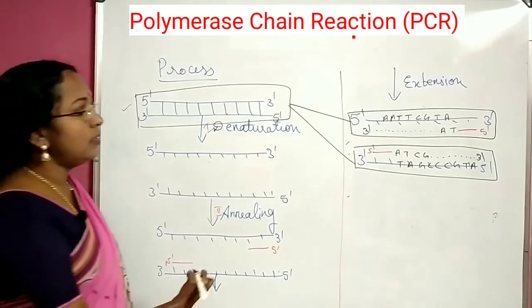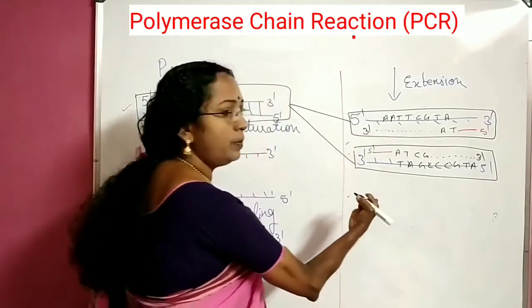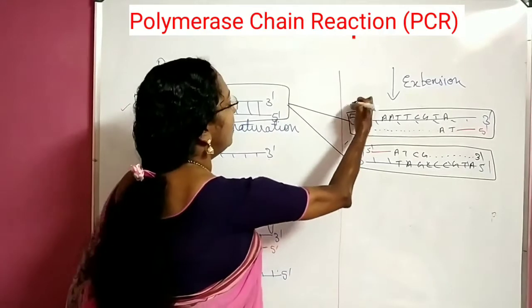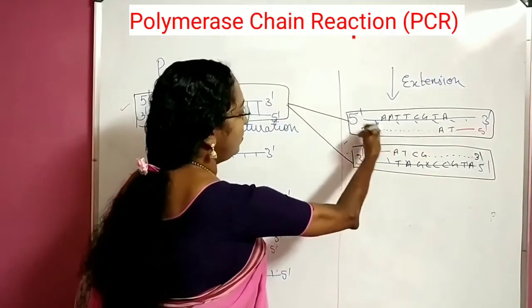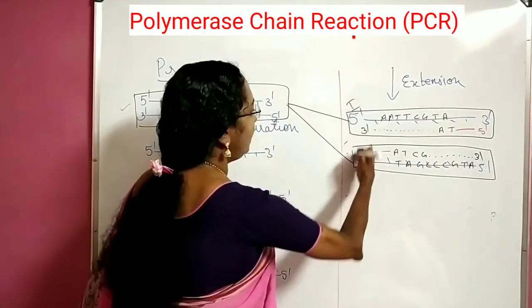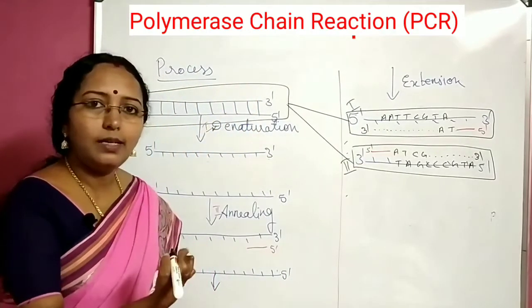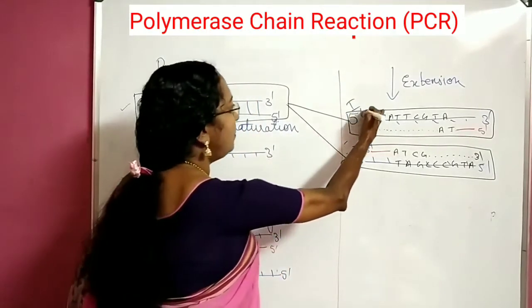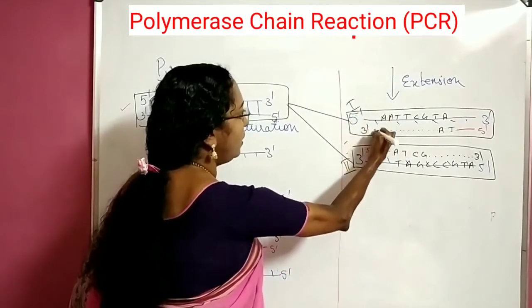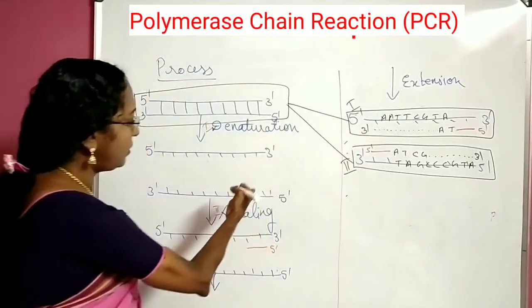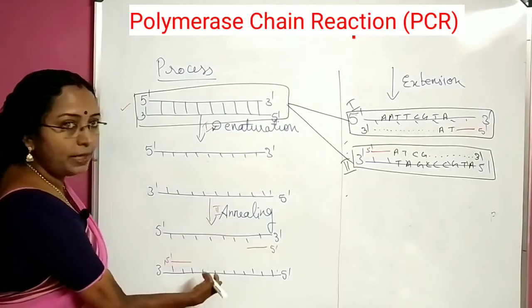Again this process will continue inside the PCR machine. So now it has become 2 DNA strands. In the second cycle, each of these 2 will undergo denaturation, annealing and extension.